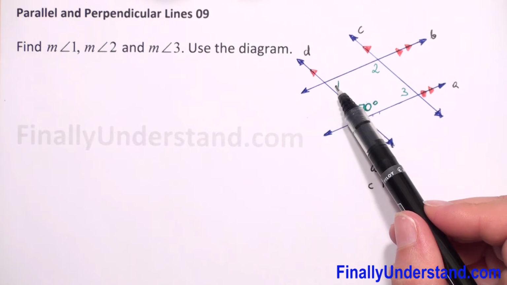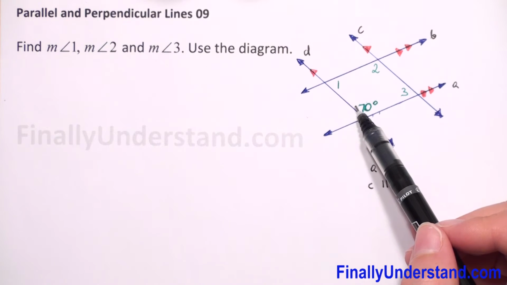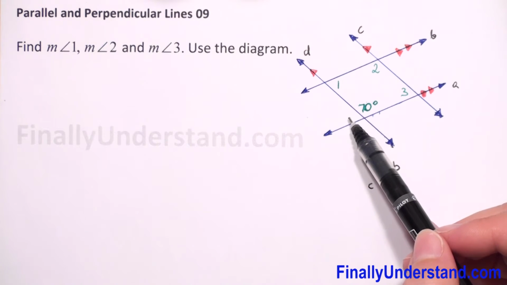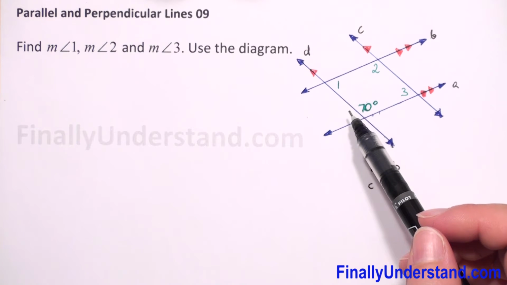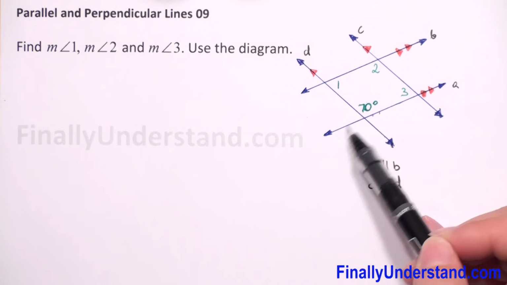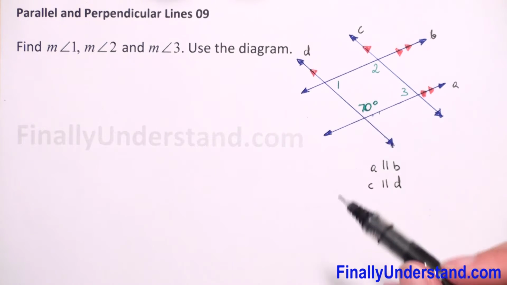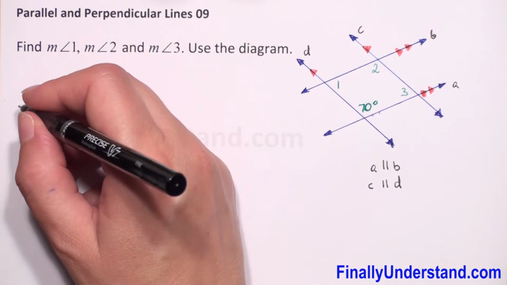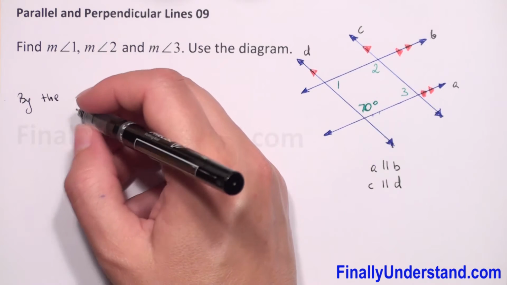Because these two angles are consecutive interior angles, we can use consecutive interior angles theorem, which tells us that the pairs of consecutive interior angles are supplementary when two parallel lines are cut by transversal. So we can write that by the consecutive interior angles theorem.